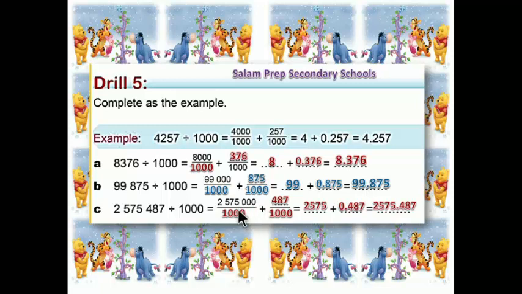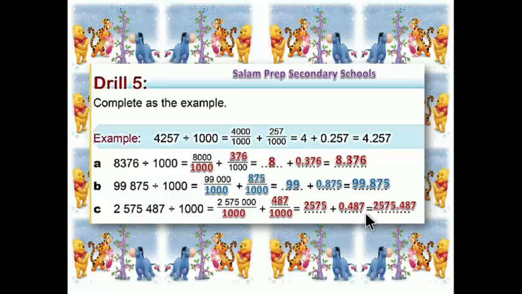The answer will be 2,575 plus 487 over 1,000 equal 0.487.